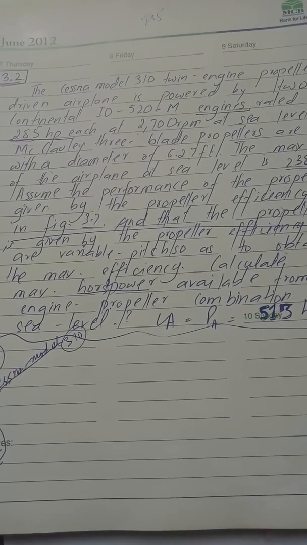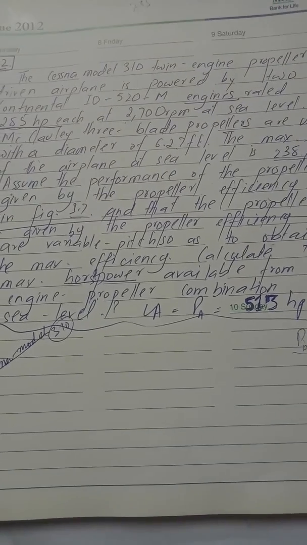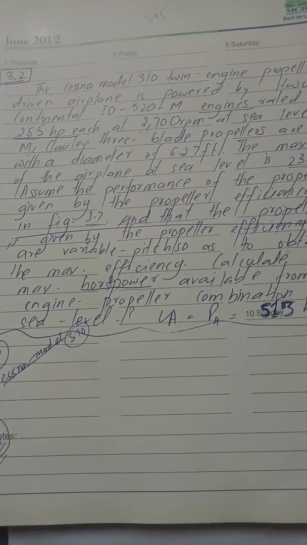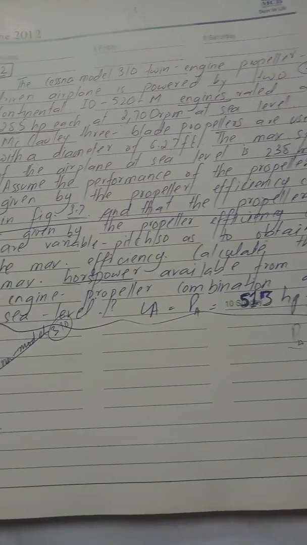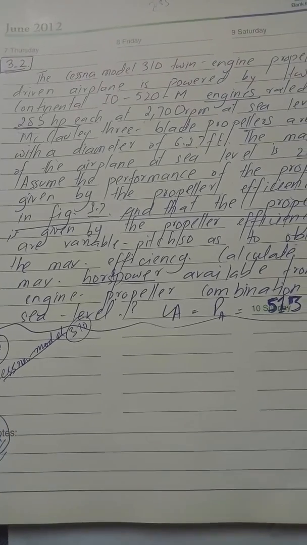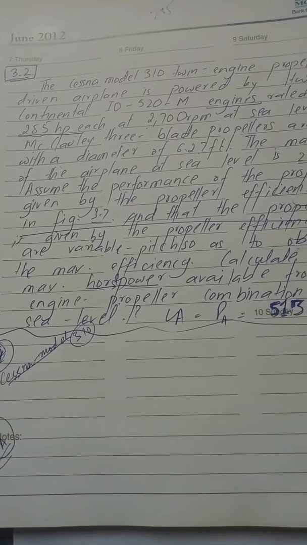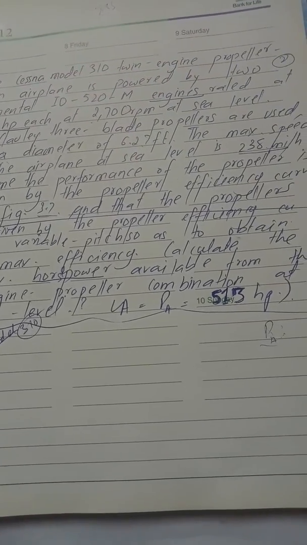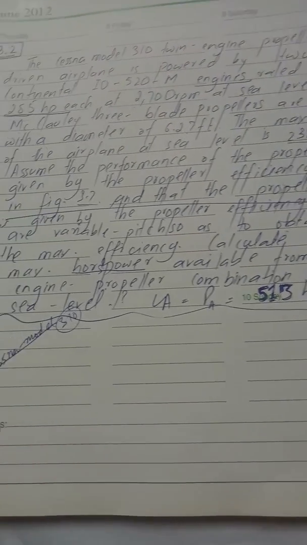So the example says the Cessna Model 310 twin engine propeller driven airplane is powered by two Continental IO-520-M engines rated at 285 horsepower each at 2700 RPM at sea level. McCauley 3-blade propellers are used with a diameter of 6.27 feet. The maximum speed of the airplane at sea level is 238 miles per hour.